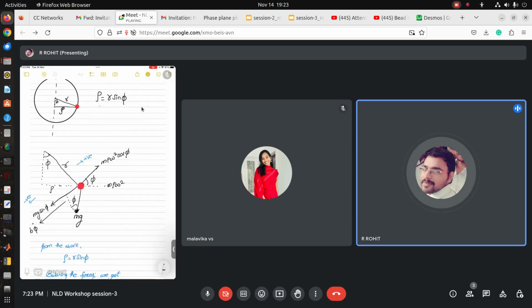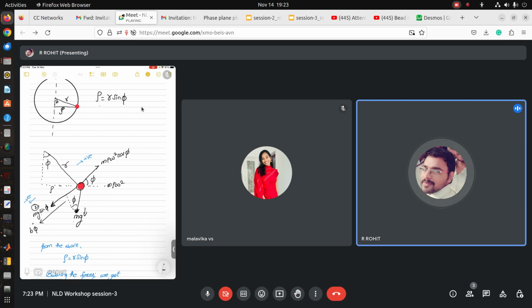Now consider the marble, and if you try to sort out the forces acting on the ball, there is gravity, that is the weight mg acting downward. You can resolve it into two components. We are writing here only the sine component, acting in this direction, mg sin phi.